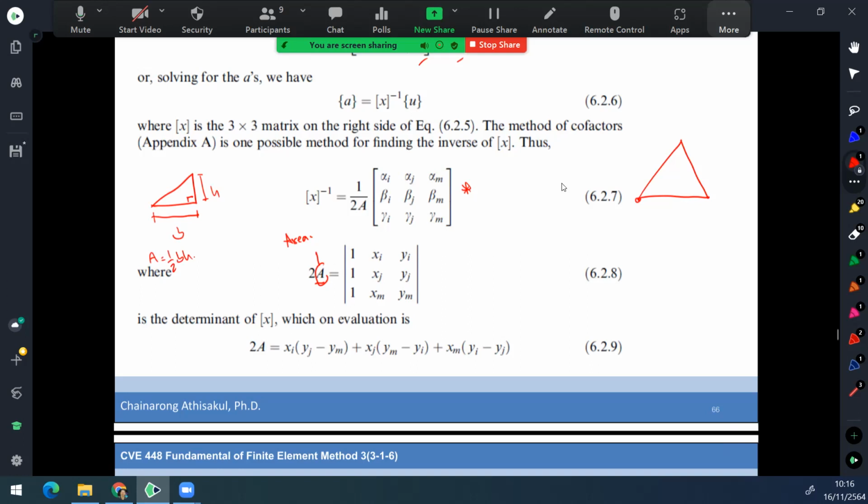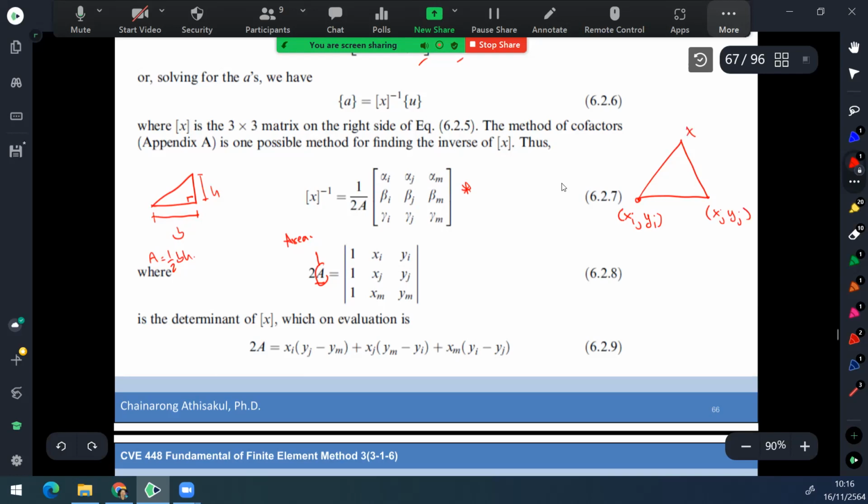But for this case, you may not know the length of each side directly, but you know the coordinate of each point in space. For example, you know xi, yi, and xj, yj, and xm, ym.